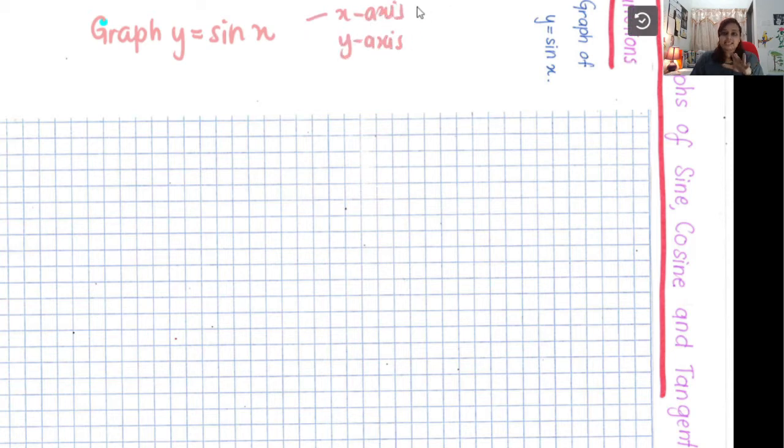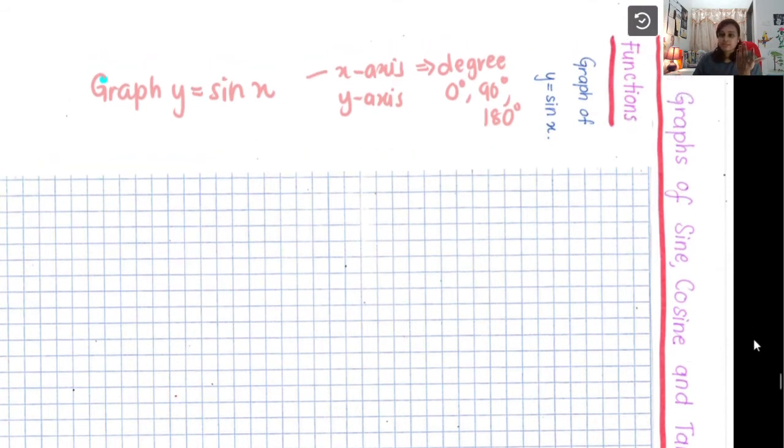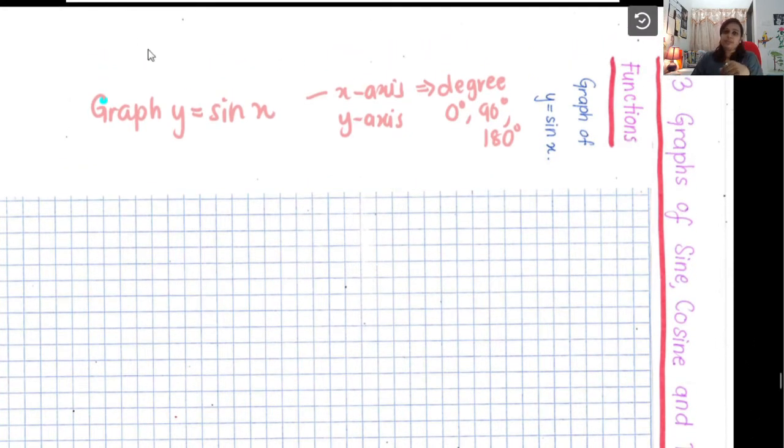The x-axis is where you usually write the degrees. Sometimes you will start from 0, 90, 180 degrees and so on, but at times your degree can also be given in terms of radian or pi.